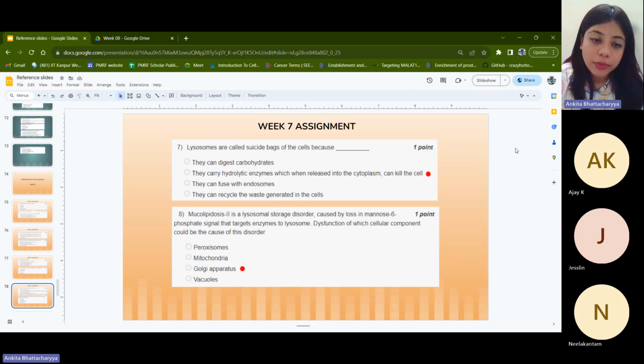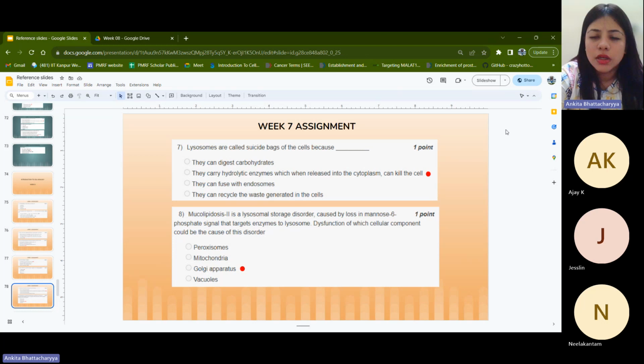As part of question 8, we were asked that mucolipidosis 2 is a lysosomal storage disorder which is caused by the loss of the mannose-6-phosphate signal that targets enzymes to the lysosome.